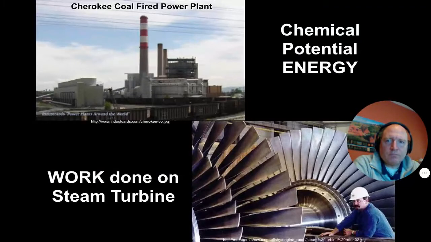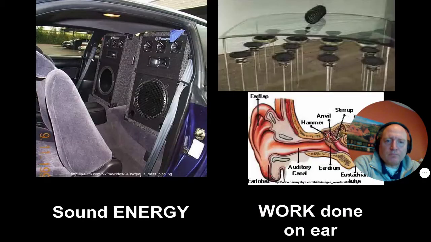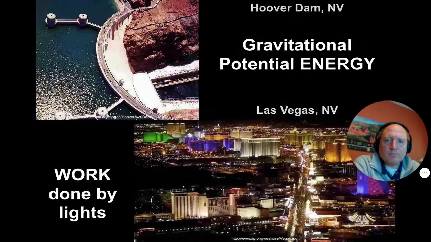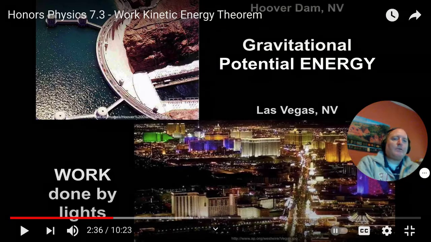Chemical energy is also stored in coal, so when that's burned, then it's converted into work on a steam turbine, which can then be converted into electricity. Sound energy also can do work on your eardrums, which allows you to hear. The gravitational potential energy of water can even be converted to enough electricity to power a city.